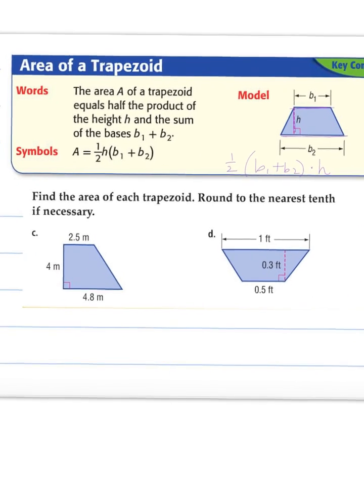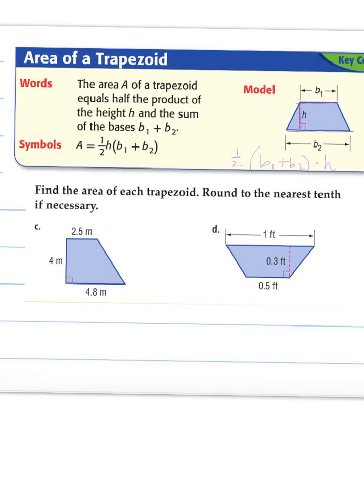Try these ones on your own. Come back and check. Remember your equation up here. All right, the height is going to be 4. The bases are the two sides that are parallel to each other, and we add those together.